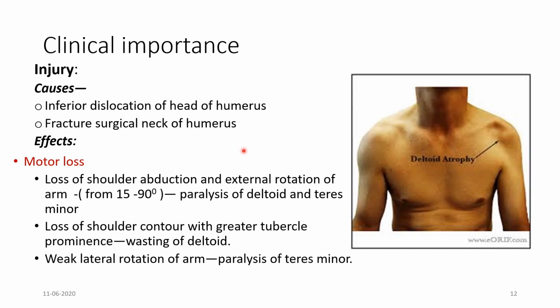Because of the injury, which can be due to inferior dislocation of the head of humerus or fracture of the surgical neck of humerus, there is motor loss because of paralysis of deltoid and teres minor muscles, which is responsible for wasting of the deltoid and loss of shoulder contour and loss of shoulder abduction and external rotation.